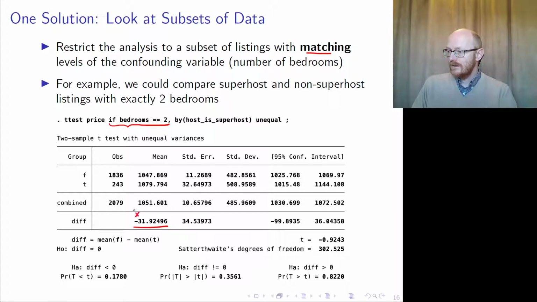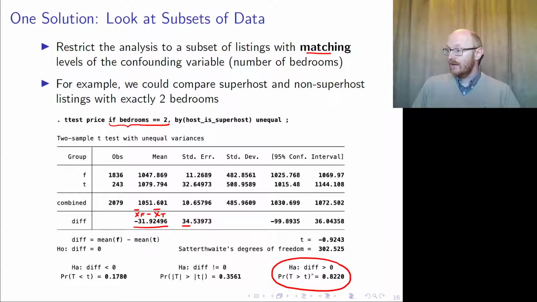This is the difference between the sample mean of non-superhosts and the sample mean of superhosts, and we found that this time it's negative, with a standard error of 34, which means that the p-value for a positive difference is actually 0.82, which is very high.